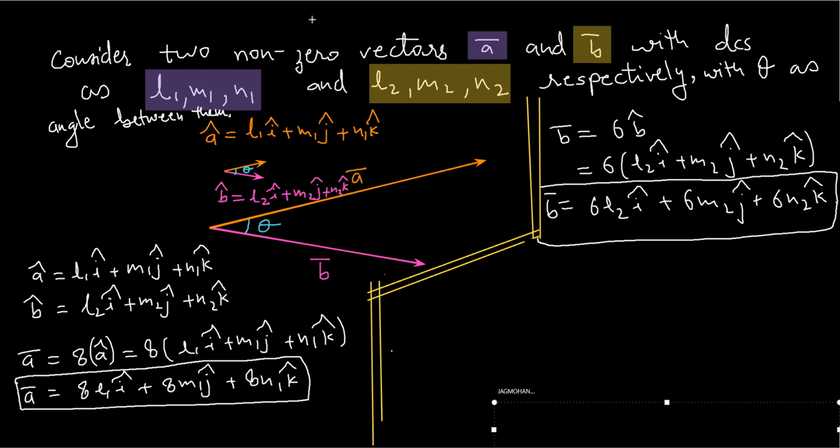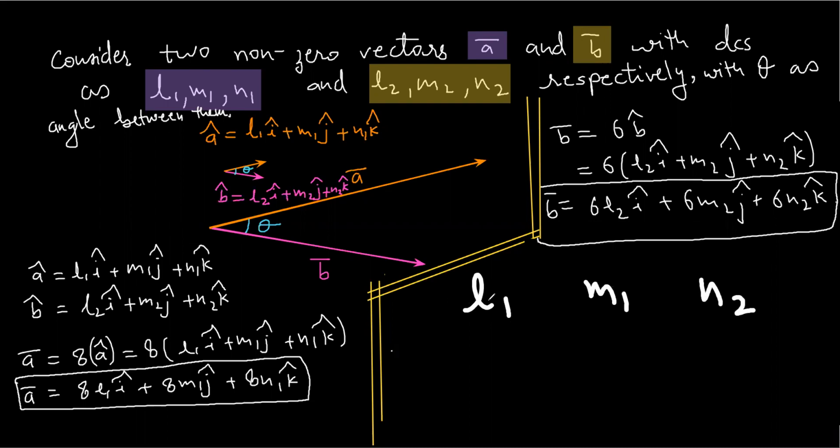Now, students, look at L1, M1, N1. What are they? They are the DCs of A bar.